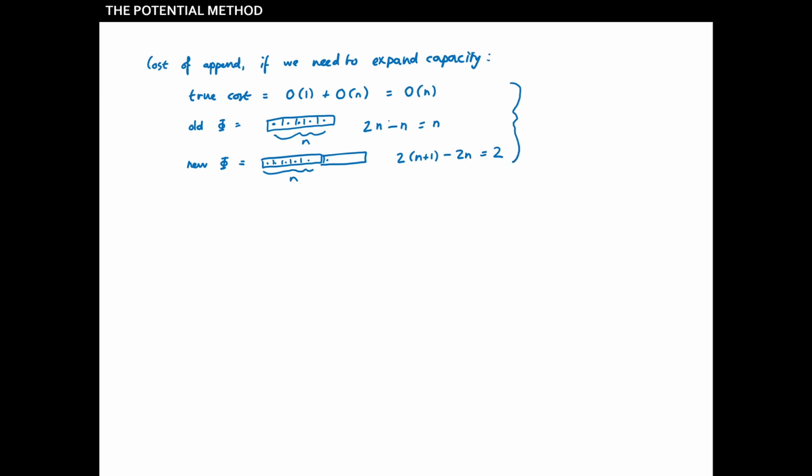So the total cost, the amortized cost, is the true cost, O of n, plus change in potential, plus new potential minus old potential, which is equal to O of 1, because the n work and the minus n change in potential cancel each other out.